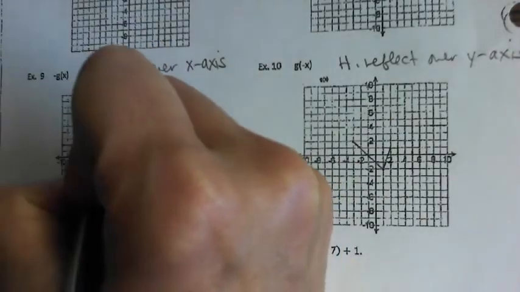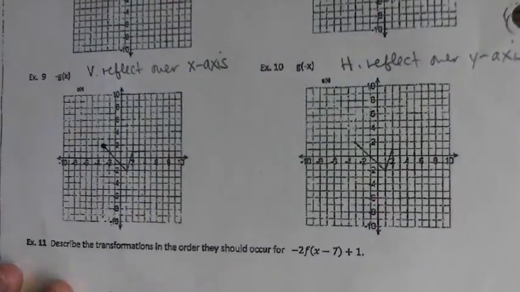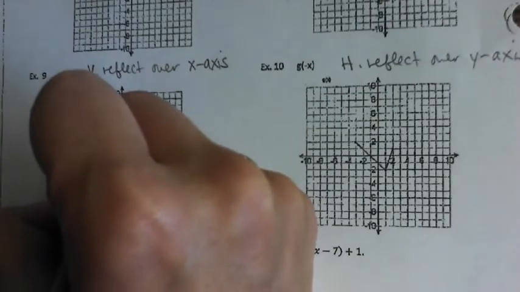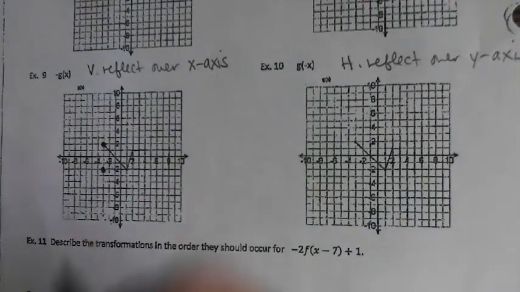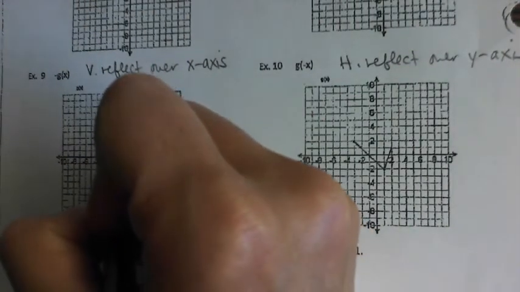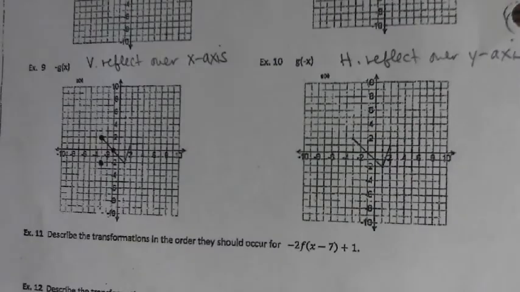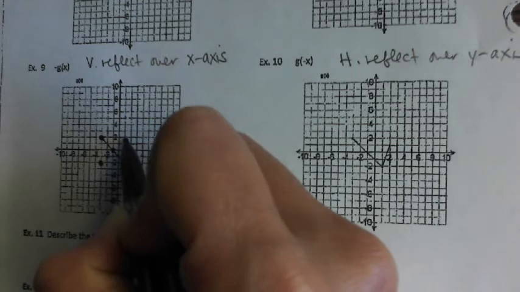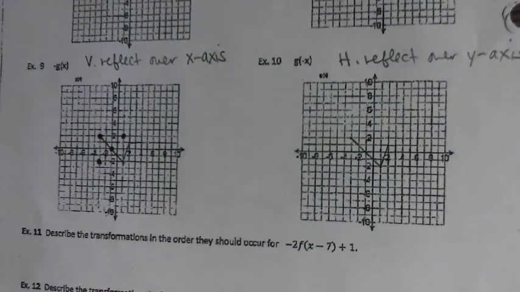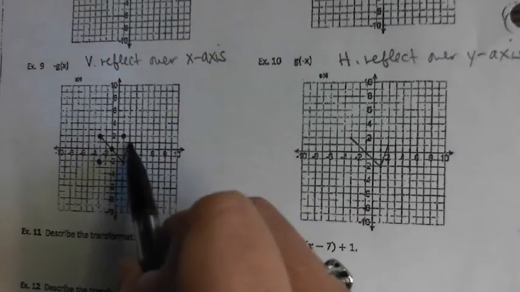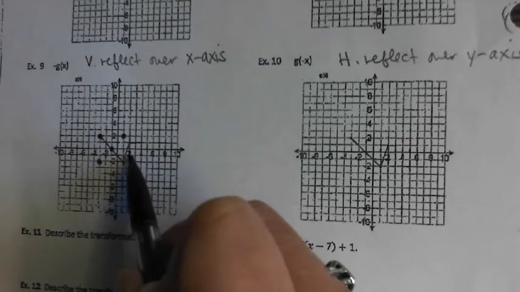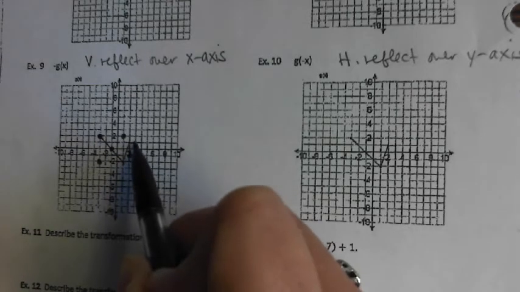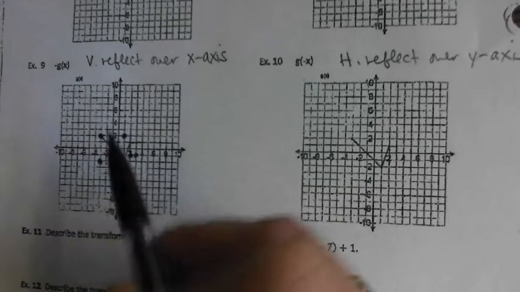This first critical point is 2 units above, so that's going to flip to 2 units below. Anything that's right on the line of reflection is going to stay put. This next critical point is 2 below, so I'm going to flip it to 2 above. This next critical point is 1 above, it's going 1 below. And the last critical point is also 1 above, I'm putting it 1 below.